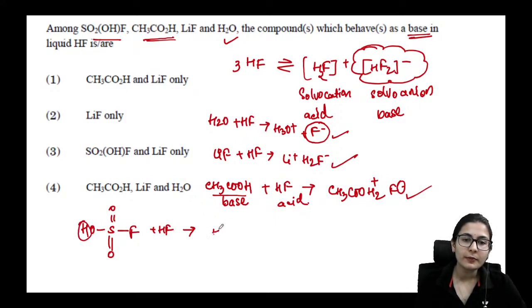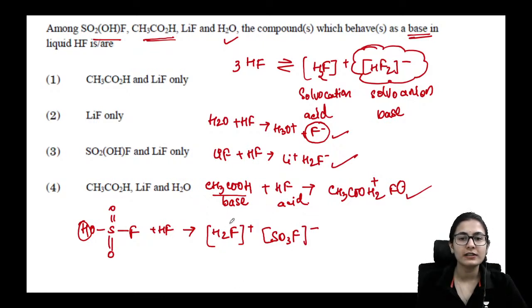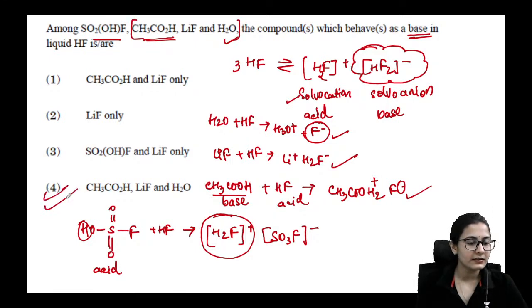So it is going to form H2F positive and SO3F negative. ठीक है. So what does it form? It forms the solvocation. So which means that this is going to behave as the acid, not a base. तो ये acid है, बाकी सब के सब क्या है, bases. So this is your answer, option number 4, right?